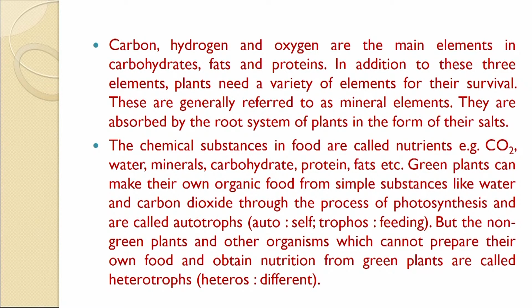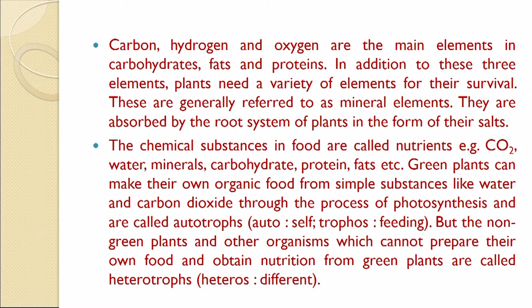In addition to these three elements, the plant needs a variety of elements for survival. These are generally referred to as mineral elements, and they are absorbed by the root system of the plant. Also the chemical substances like carbon dioxide, water, minerals are the building blocks for food.